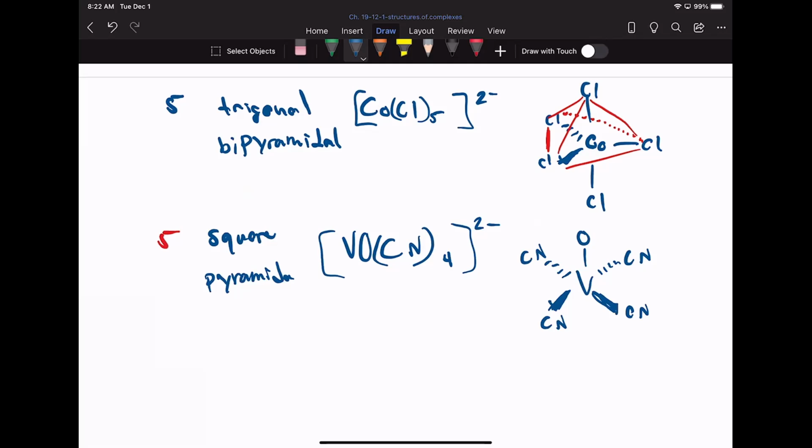Does the book not give you square planar? I don't know why the book wouldn't give you something that's square planar. But I don't see them showing you that structure.